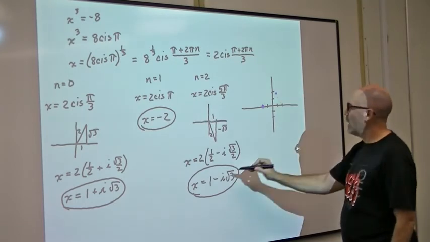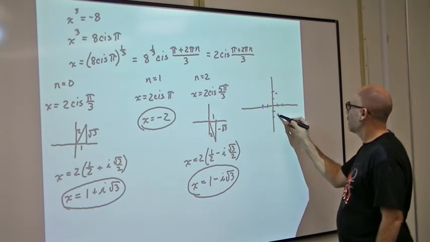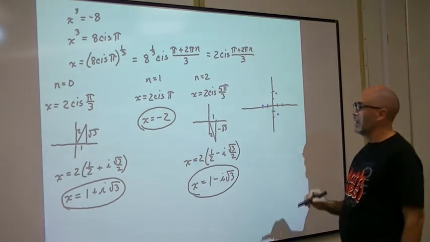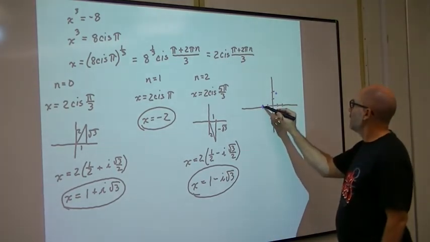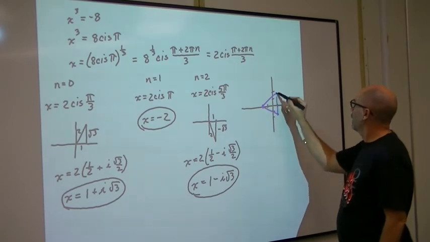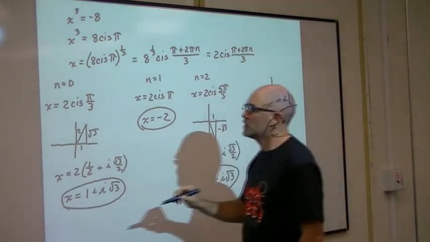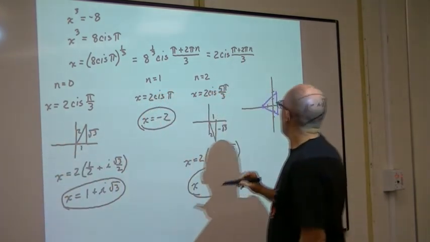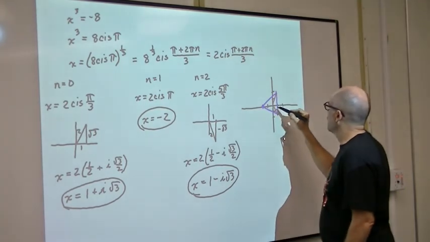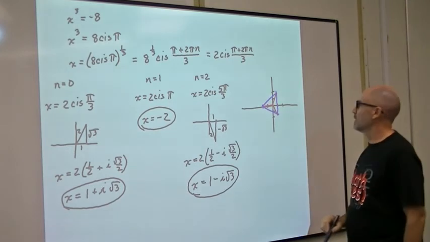And then 1 minus I square root of 3 would be right about here. Now, every single time you do this, you're going to end up with a polygon where the center is the origin, and it's the same distance from the origin to each of the 3 points. It's 2 in all 3 of these directions.